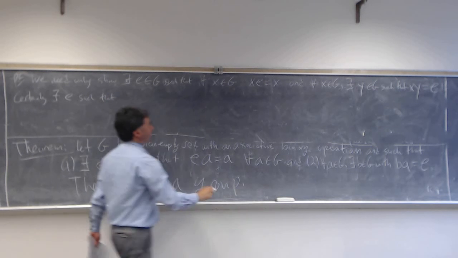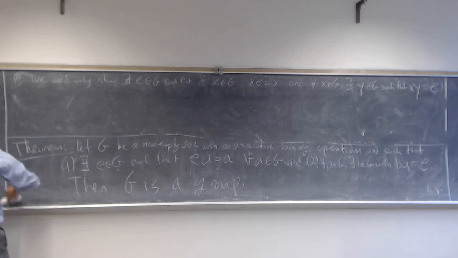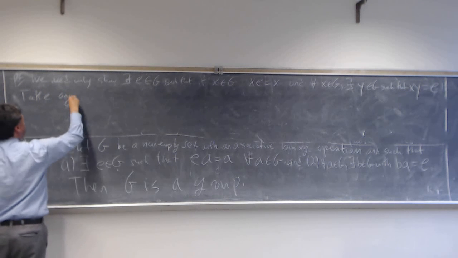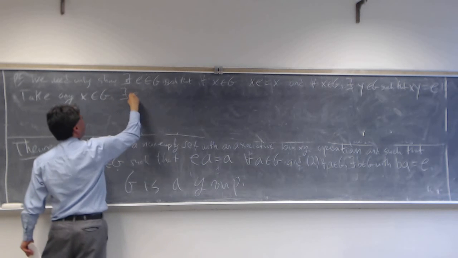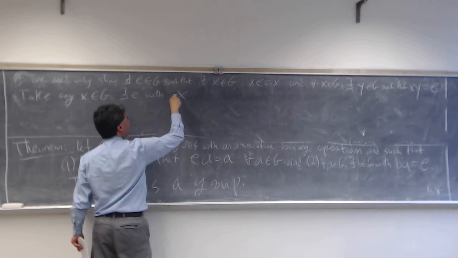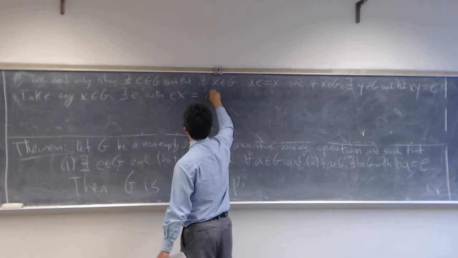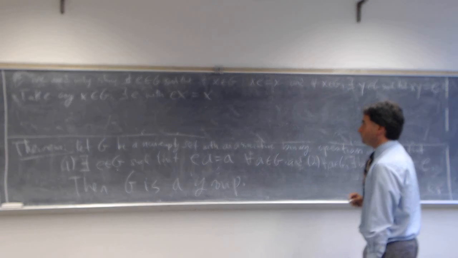Actually, let me start off with: take any x in G. There exists an E with EX, multiplying x on the left by E, equal to x. That's the first assumption.